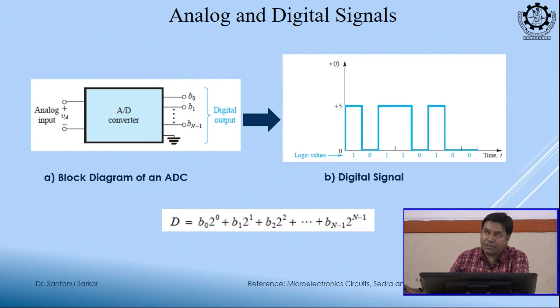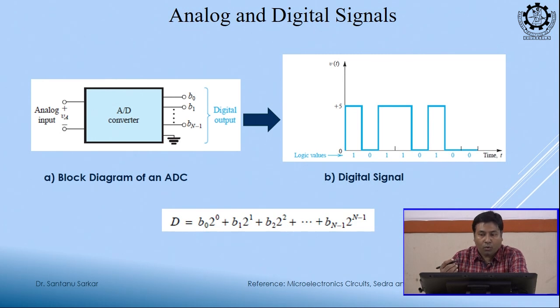So, for this purpose generally we use an ADC, that is known as analog to digital converter, and to do the opposite we need a DAC, digital to analog converter. Suppose you have an analog signal, you change it to digital, you do several computations on your digital signal processing element or computer or microcomputer, and after that you need to again convert it to the analog domain, because human beings feel comfortable with analog signals, right.